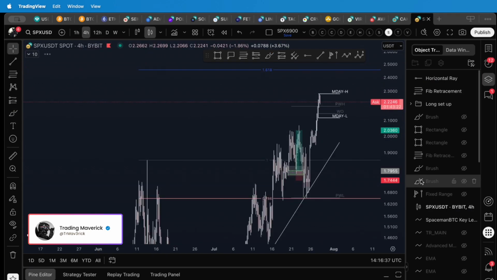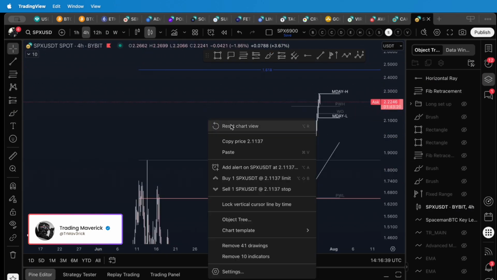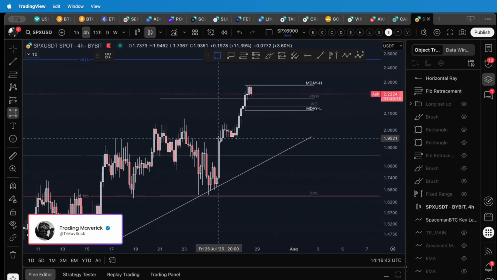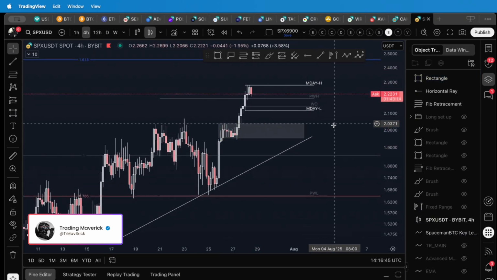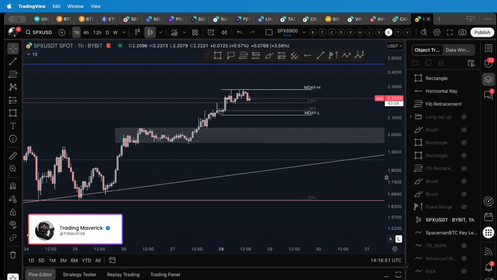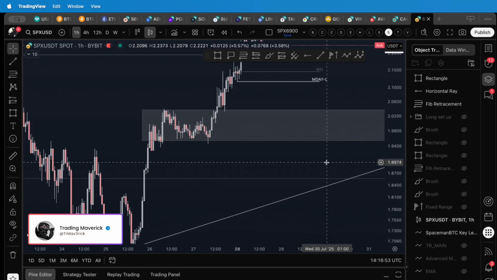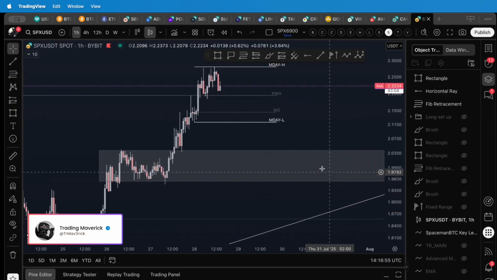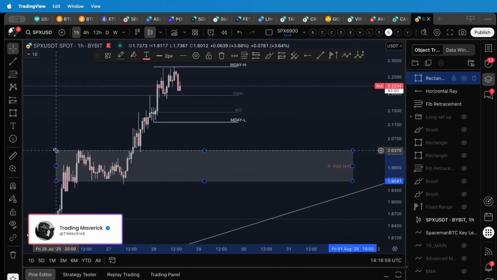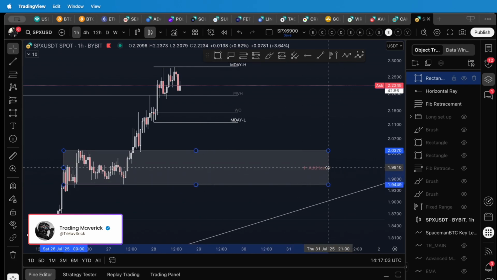Let's see if we can get a setup in. Some demand is here, and Monday low, that looks pretty good actually. If this zone here gets tapped, I'm probably going to long SPX again.